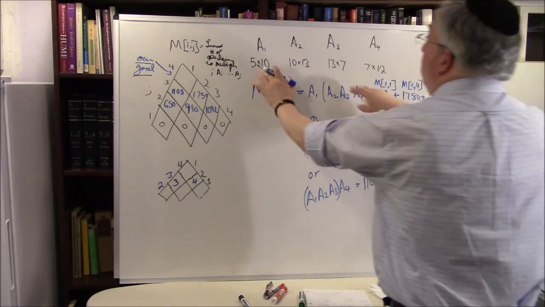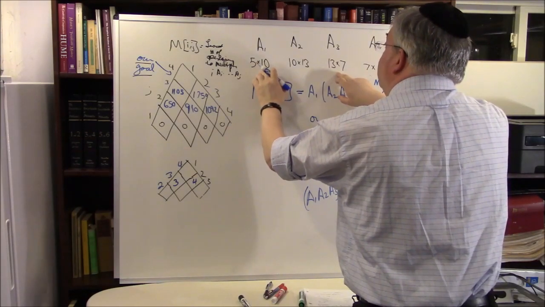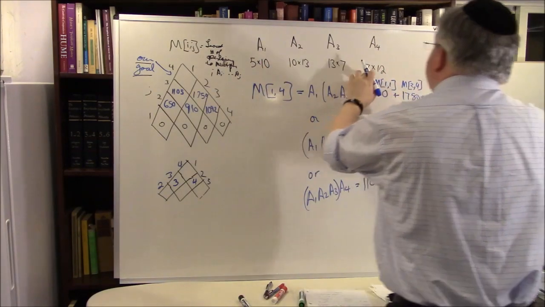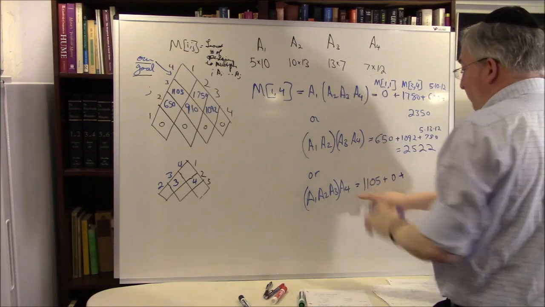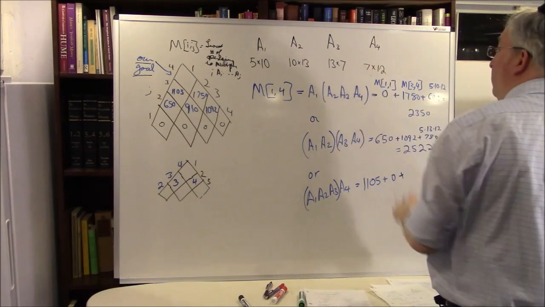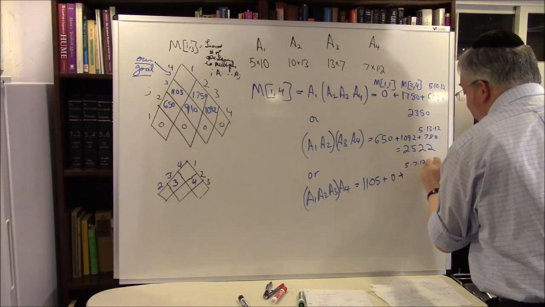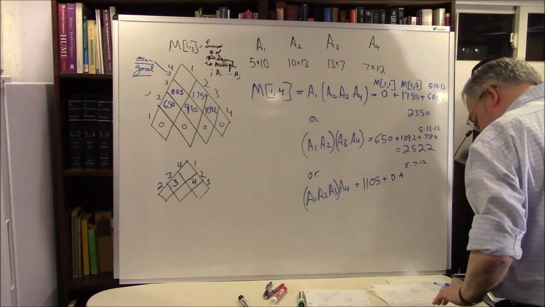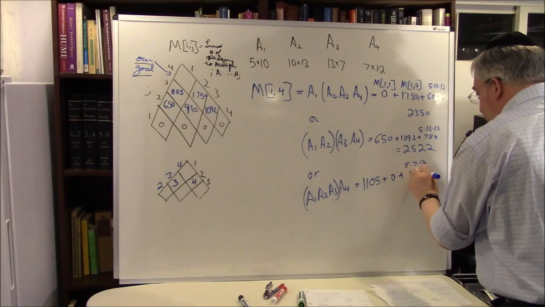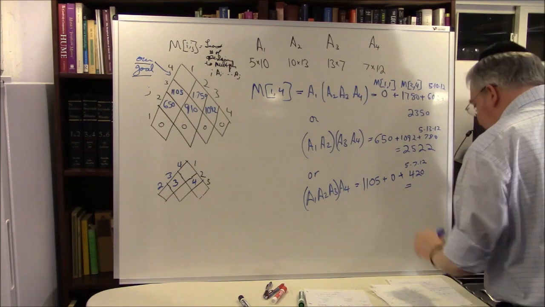A1 through A3 is a 5 by 7 matrix. A4 is a 7 by 12 matrix. So a 5 by 7 matrix times a 7 by 12 matrix is 5 times 7 times 12, which is equal to 420. Okay, combine that together and you get 1525.